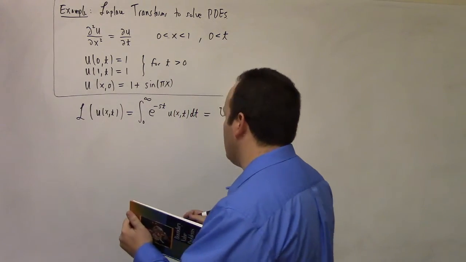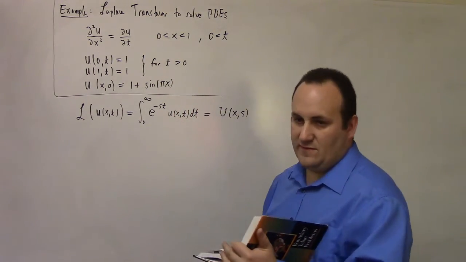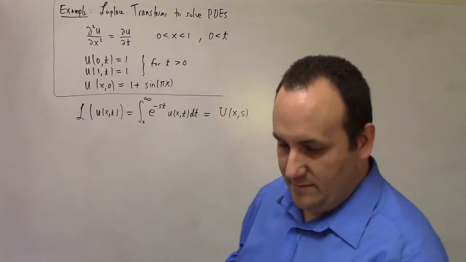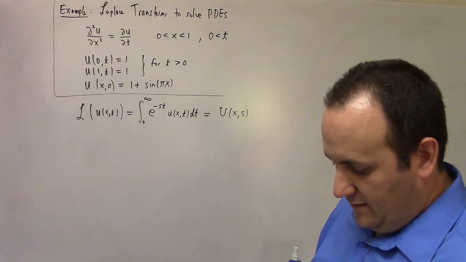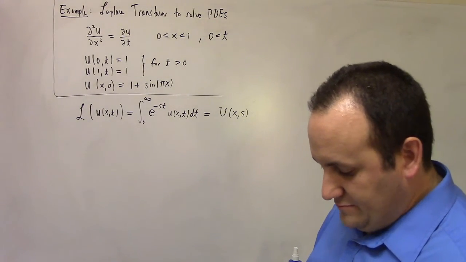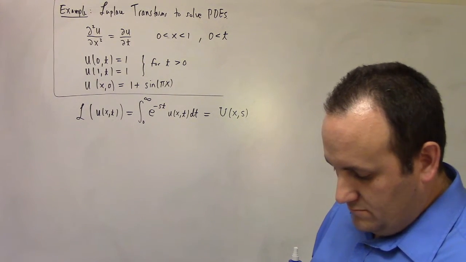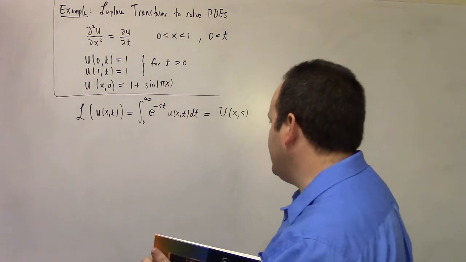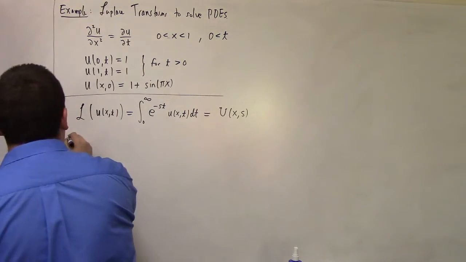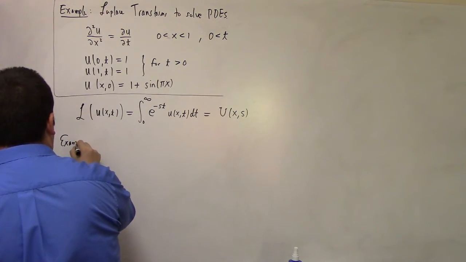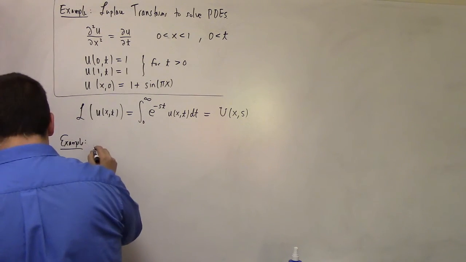So in the usual differential equations course, you just have U of s, right? But here we have another variable x floating about. For example, he gives us an example.